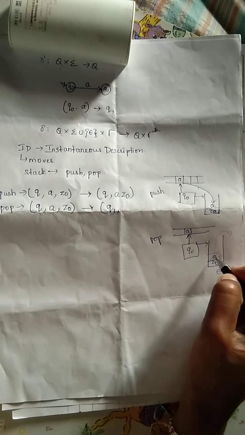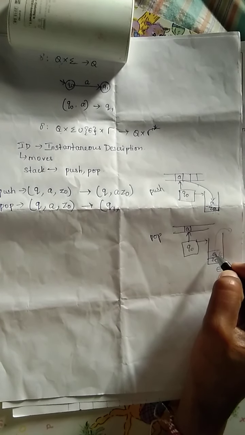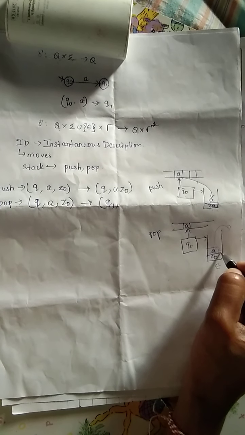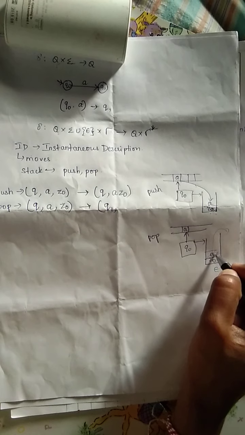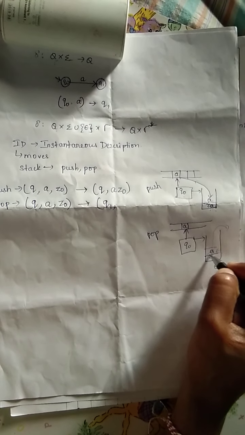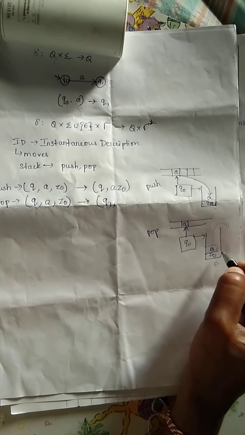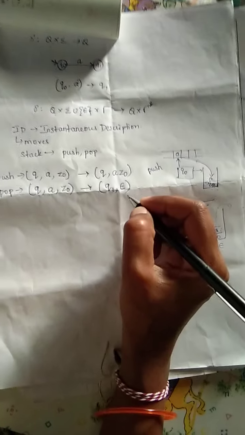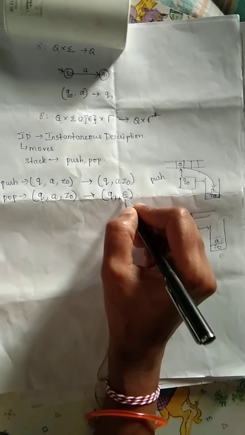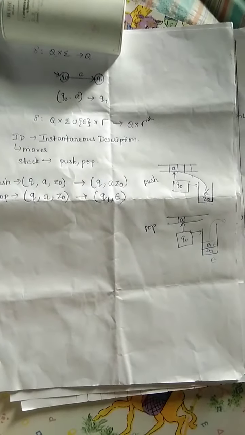If you are removing the symbol from the stack, that place is empty, and that empty is represented with the null symbol. So pop is epsilon. If you want to pop the symbol from the stack, it is represented with epsilon.